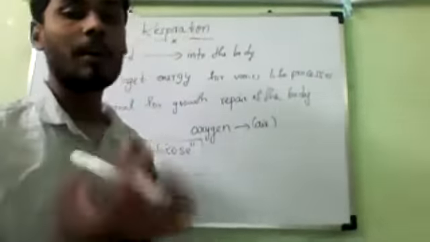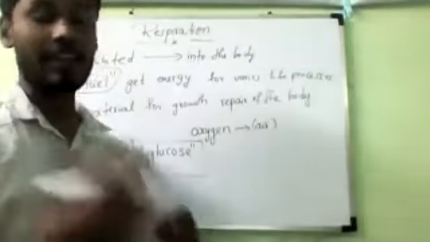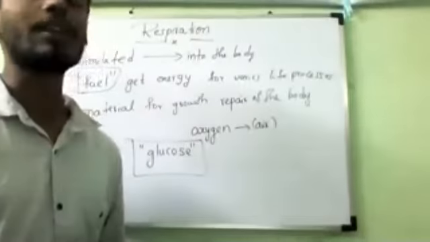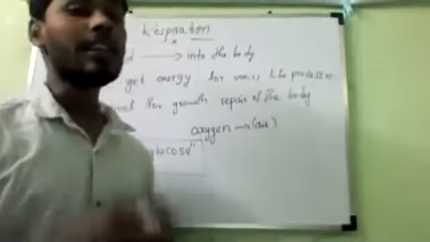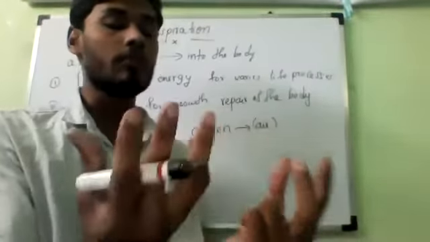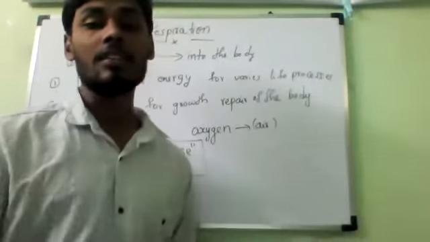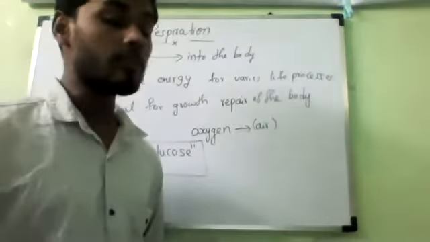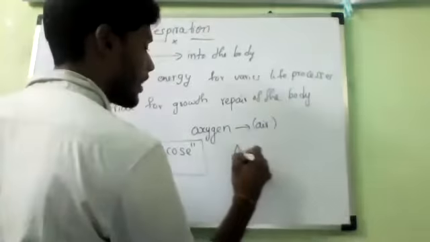It is a combustion reaction, not firing, but burning glucose slowly to release energy. After oxygen and glucose react, the energy released is stored in the form of ATP molecules. I will tell you what ATP is.